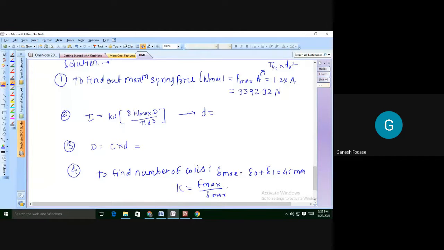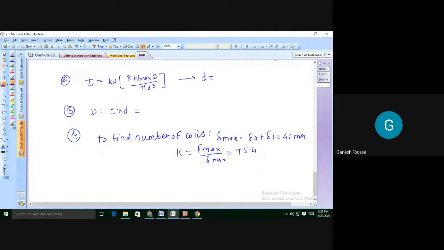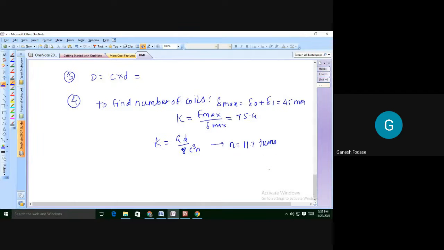F or W both are same. So we get value of K from this, which is 75.4 Newton per mm, of course. And then we know formula of K, that is K is equal to G d upon 8 C cube N, and from this we get value of N, that is 11.7 turns. Finally, next one is solid length.